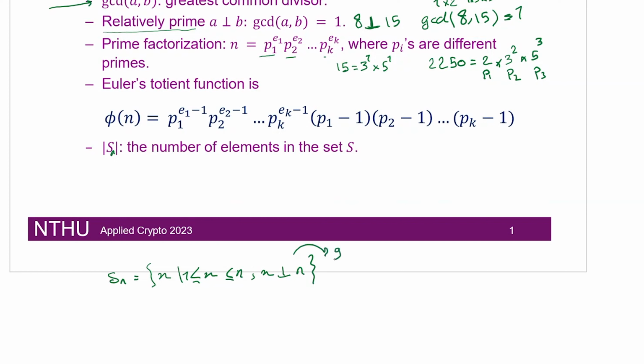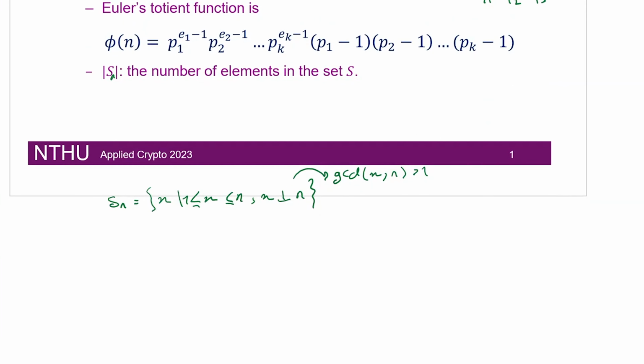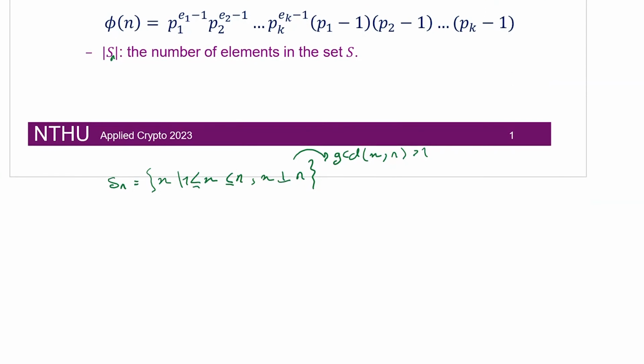This means the GCD of x and n is basically 1, as we defined. So this is a very interesting set, right? Given this integer n, what I'm trying to do is find all the positive integers less than n that are co-prime to n.